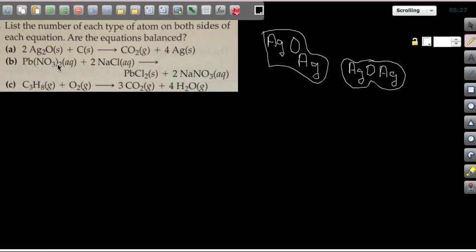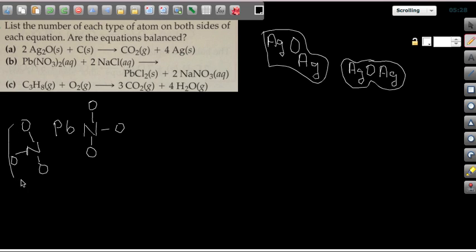Okay, for this one here, you have 2 nitrogen and 6 oxygen and only 1 lead. You can draw a picture for yourself and prove it. So you have lead, and you have nitrogen with 1, 2, 3 oxygen stuck together to make a polyatomic anion, and there's another nitrogen with 1, 2, 3 oxygen stuck together to make another polyatomic anion.